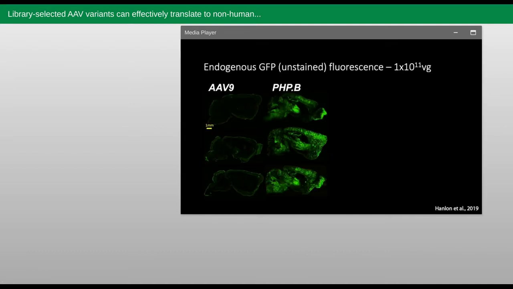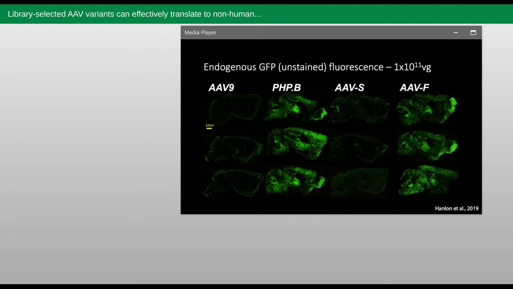We compared expression of AAVF and S to both AAV9, the parent capsid, as well as PHP.eB, a well-known variant developed using an advanced library system that expresses much better than AAV9. While AAVS failed to express better than AAV9 in the brain, AAVF drove extremely robust, high-level expression across the CNS.